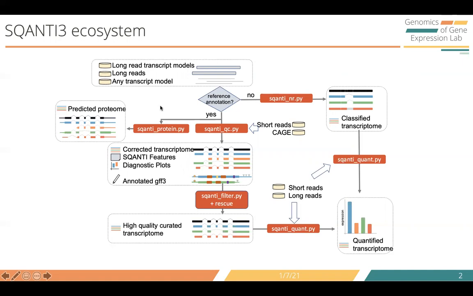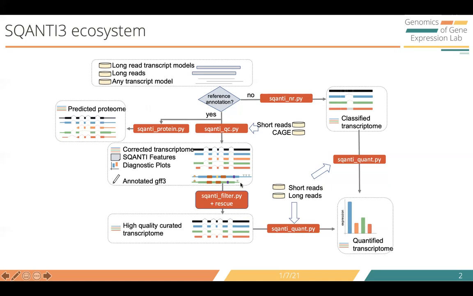We have added now the SQANTI proteins that adapt the SQANTI classification to better describe the variability at the protein level and support proteomics experiments. If you don't have a reference, the new SQANTI no reference script will be able to provide a classification scheme too.